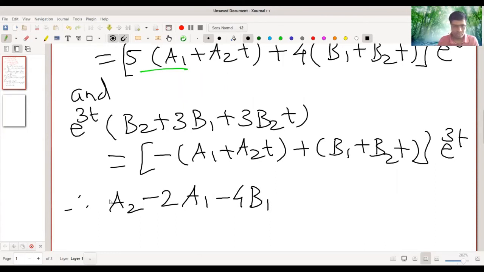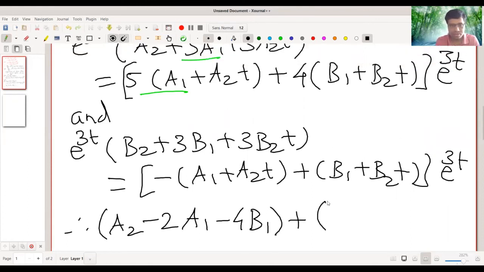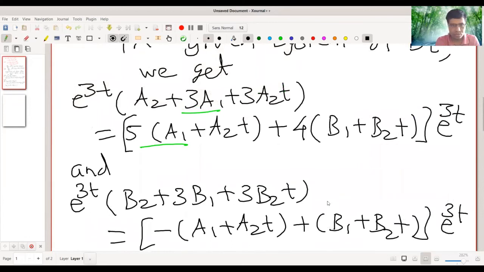Okay. So these are free from t, plus some other terms which are multiples of t. So the term is 3a2t and this 5a2t. So 3a2 minus 5a2 is minus 2a2.